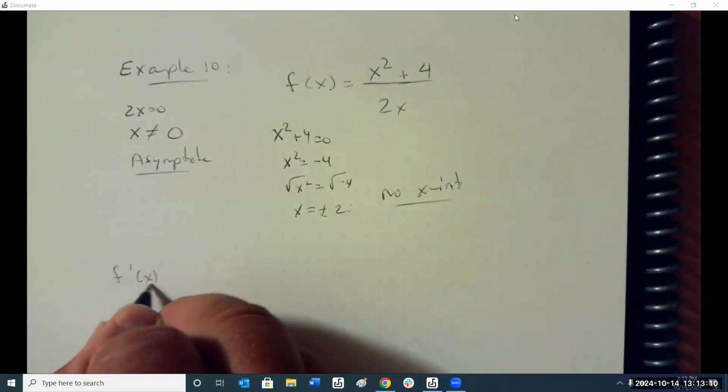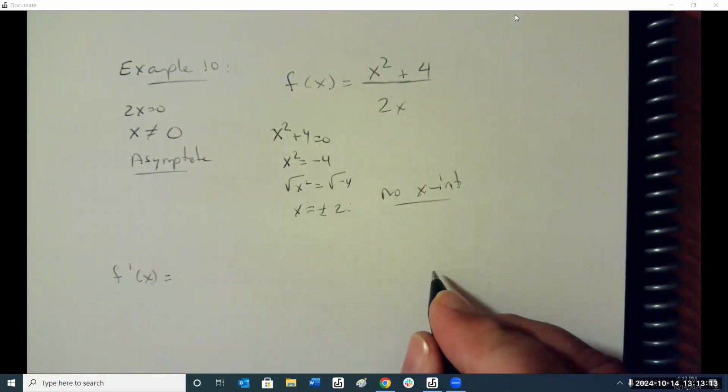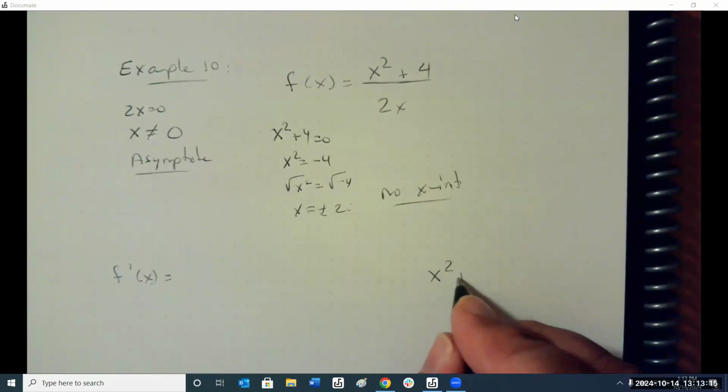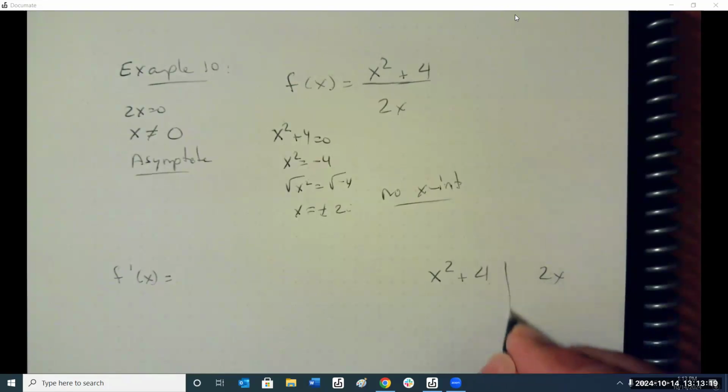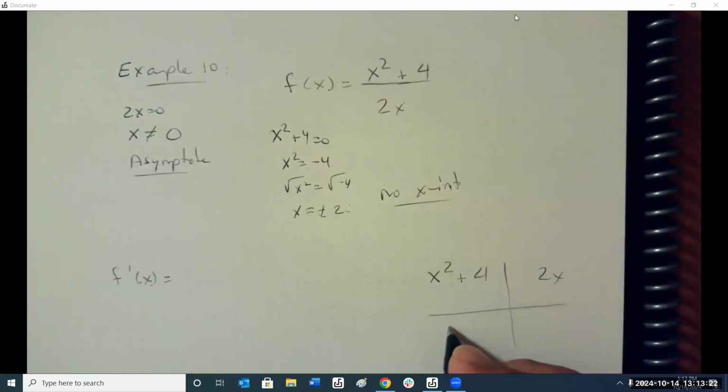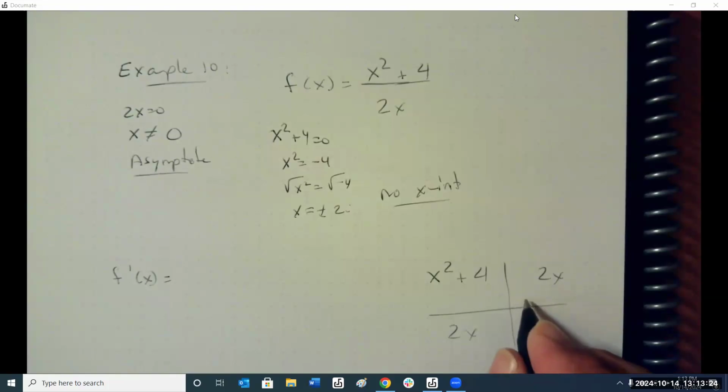The first derivative. x squared plus 4 over 2x.